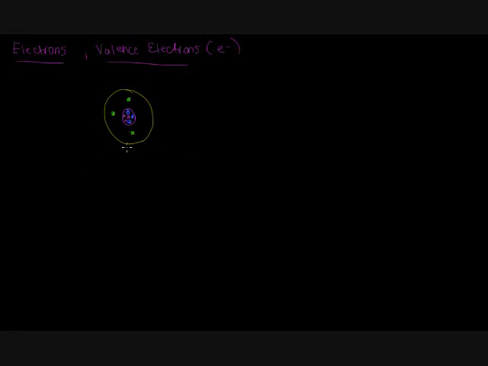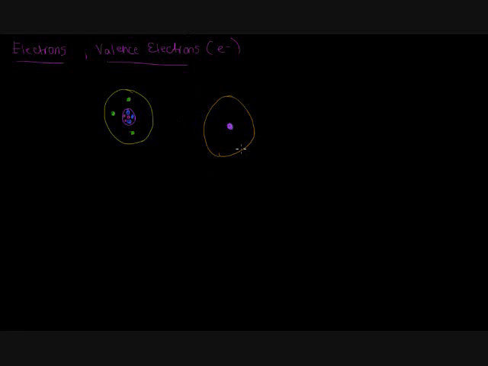So in this model, it looks like the electrons are randomly ordered. But a lot of experiments show that these electrons are actually set up in shells. So if this is your atom once again, I'm going to draw the nucleus really small right now.